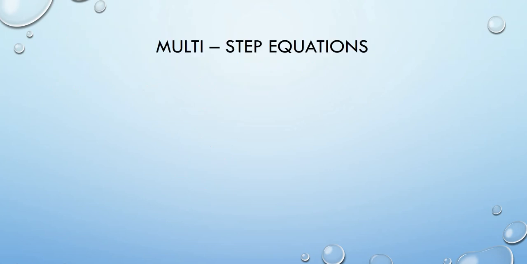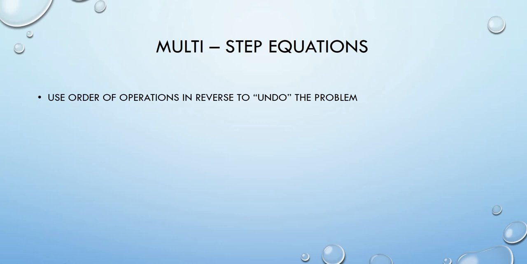So simple multi-step equations. When you're doing a multi-step equation, you want to use the order of operations in reverse to undo the problem. So when we're undoing a problem or solving a problem, we're going to do our addition and subtraction first, then our multiplication and division, then we're going to take care of any exponents.